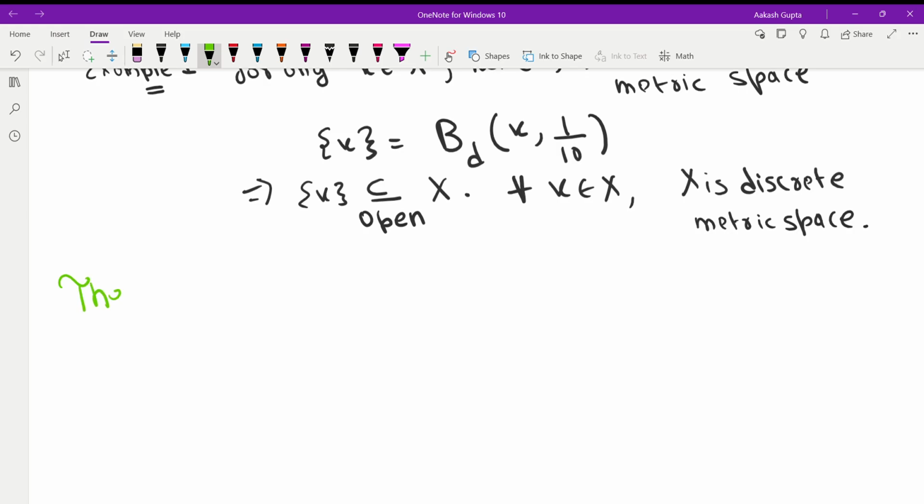Let us proceed. Whatever you want to call it, you can call it a theorem. What is my theorem?